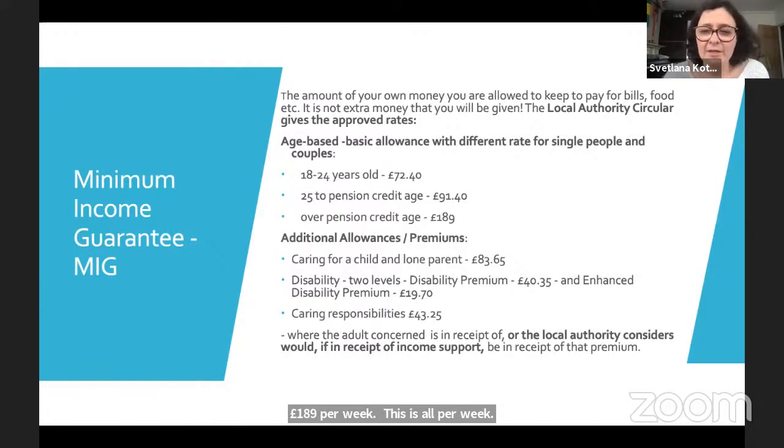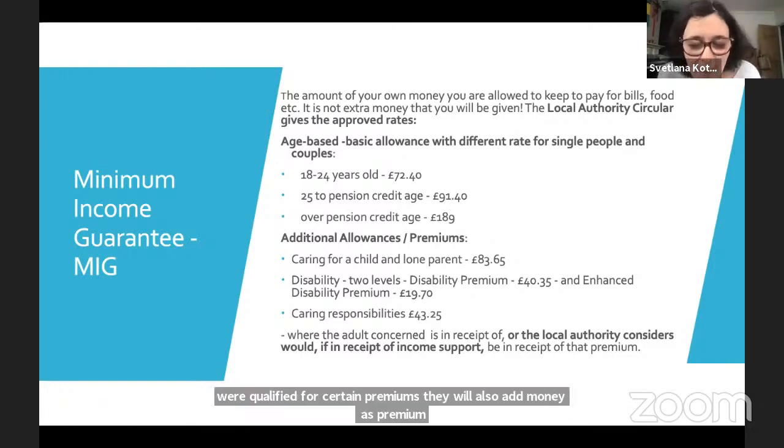For example, if you look after a child or children, they would add money. And then if you under income support would have qualified for certain premiums, they will also add money as premium, so disability premium and enhanced disability premium.